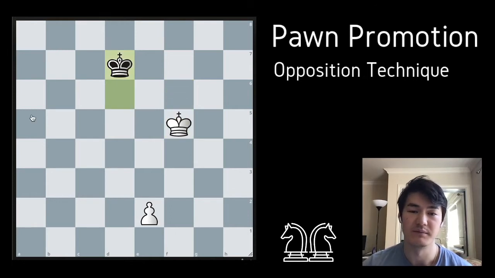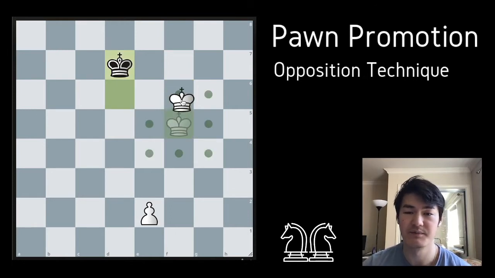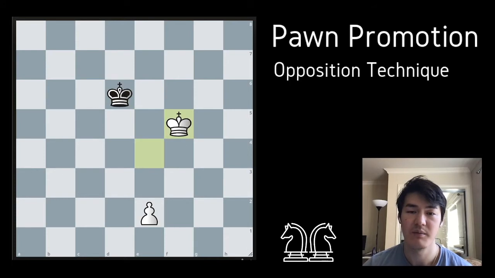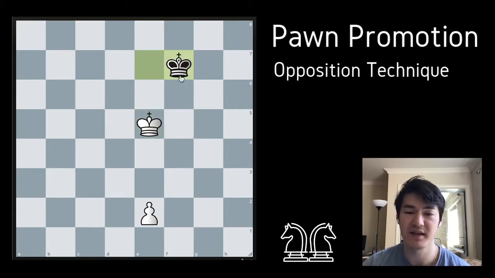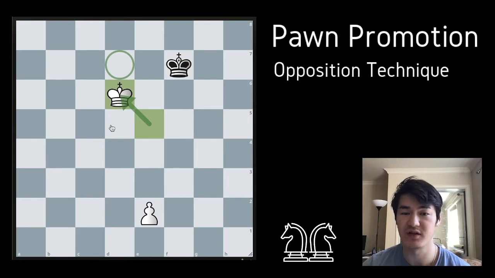Now, if the opponent's king goes there, you can go up to f6. But let's say they actually go to e7. If they go to e7, again, you want to take the opposition. And if the king goes towards the side, we can move our king to the opposite side, and again we want to take an opposition from there.